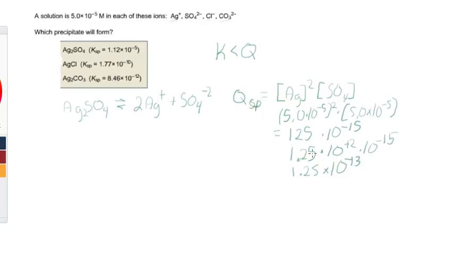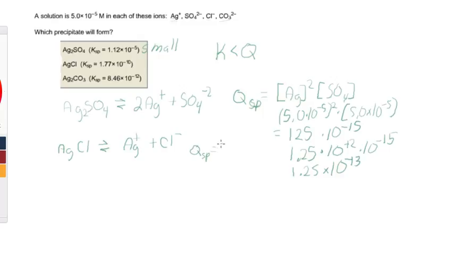Okay, that Q is much smaller than this. So now let's do the silver chloride, and that's going to be 1 silver for every 1 chloride. It's all 1-to-1 ratio.